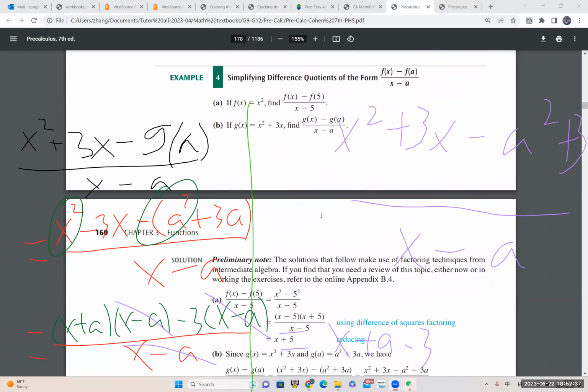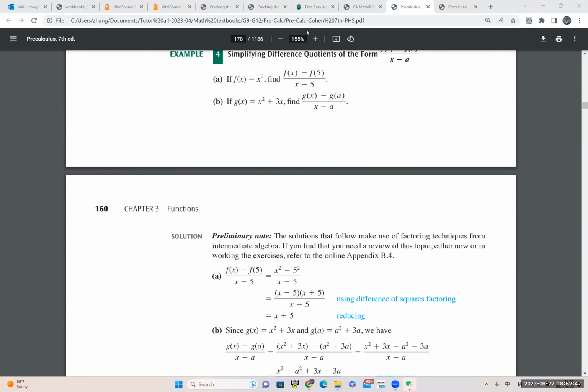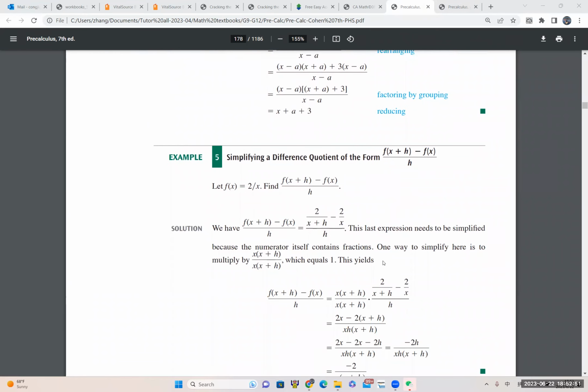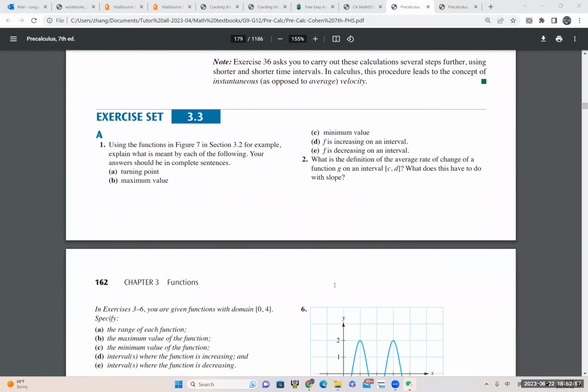So here should be X plus 3X. Okay, so this needs to be wrong here. Simplify. Yeah, we'll not spend too much time. Okay, X size.